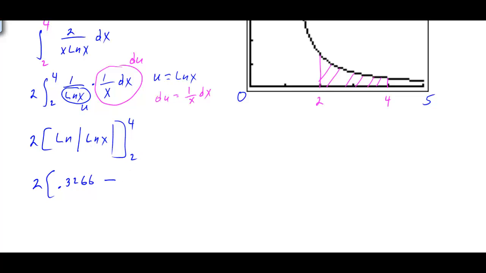So if you take the natural log of 2 and then the natural log of that answer, you're going to get a negative 0.3665. And if you calculate this out, your answer is going to be approximately 1.3862. Okay? And there's your answer.